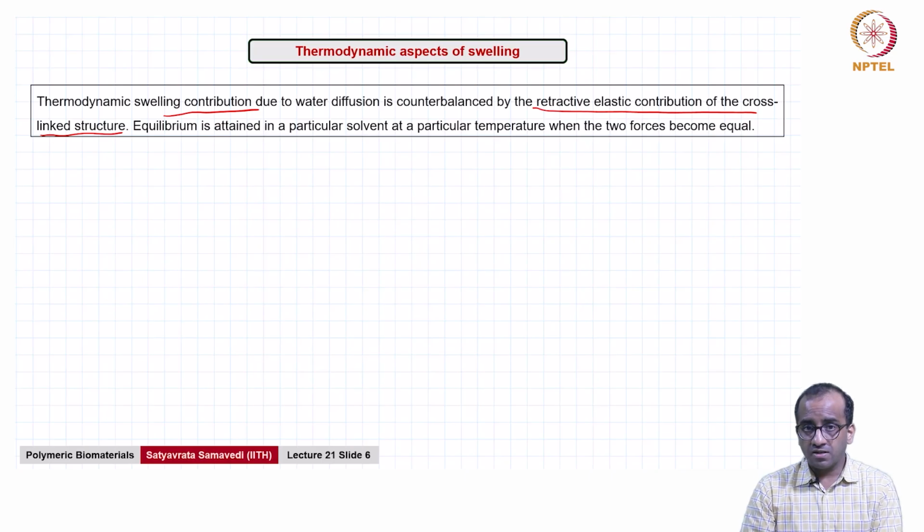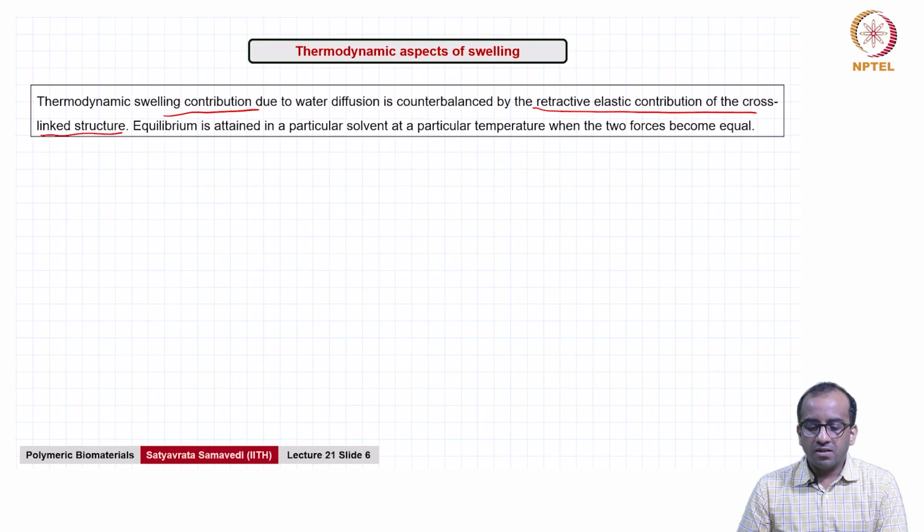And as we have said earlier in this lecture, this is one reason why the network doesn't dissolve in water, but it swells. So water enters the cured hydrogel, and that's going to lead to swelling of the hydrogel in the presence of water, and the covalent crosslinks prevent dissolution, but will also exert retractive forces in the other direction. So that's what prevents the hydrogel from swelling forever, right?